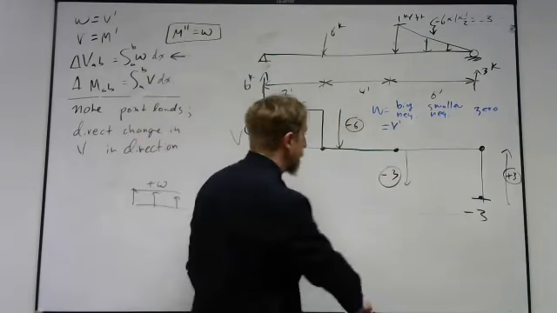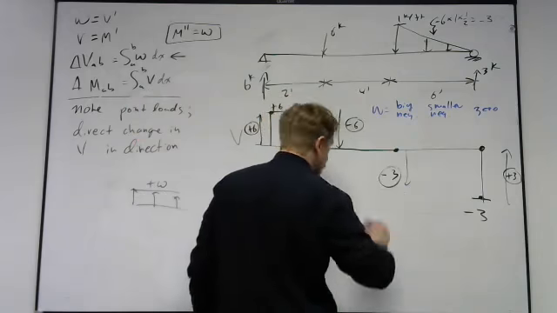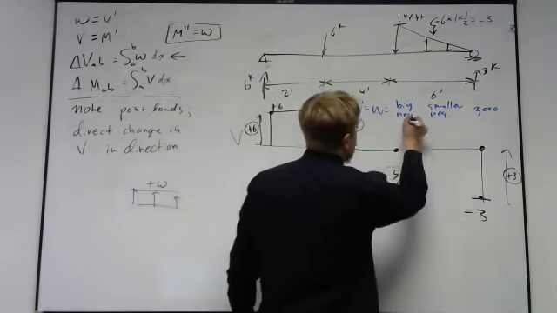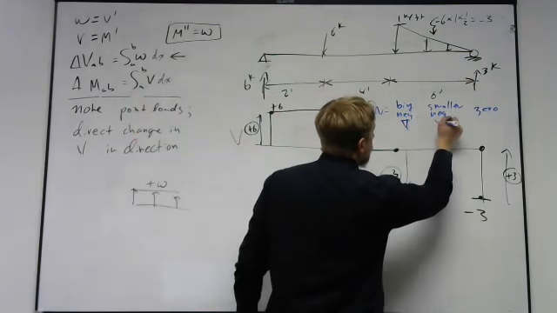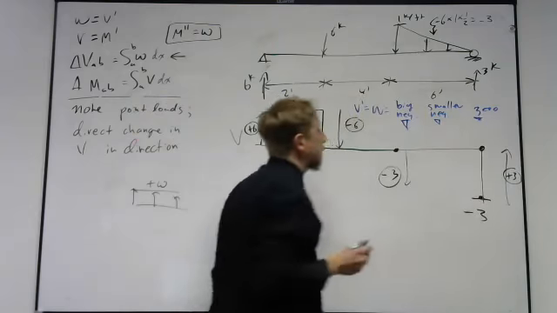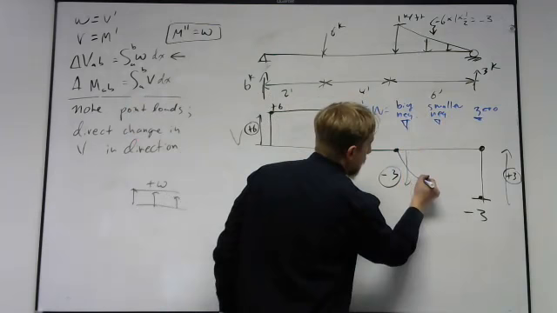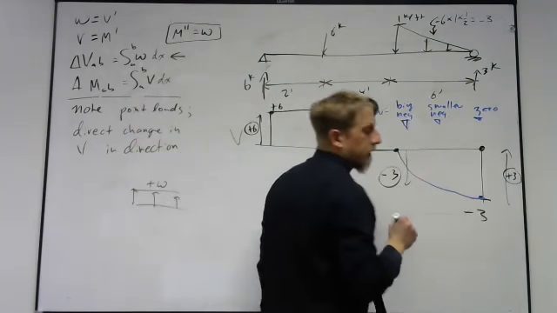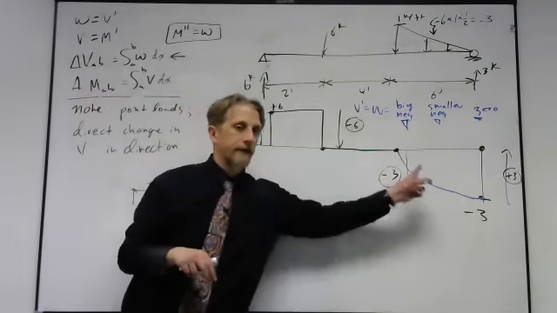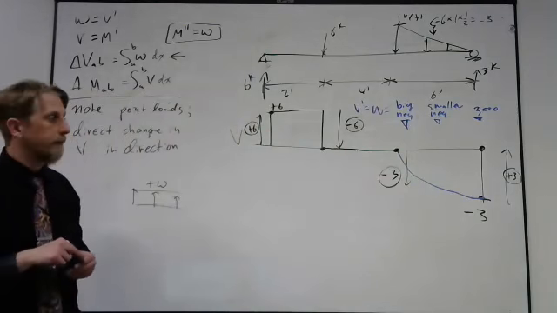Okay, so how do I represent that? So this is the same thing as V prime. So I know the slope is a big negative, small negative, 0. Big negative slope, smaller negative slope, 0 slope. Okay, that's how I get this shape. You could have done the same thing with the moment diagrams, by the way, earlier.